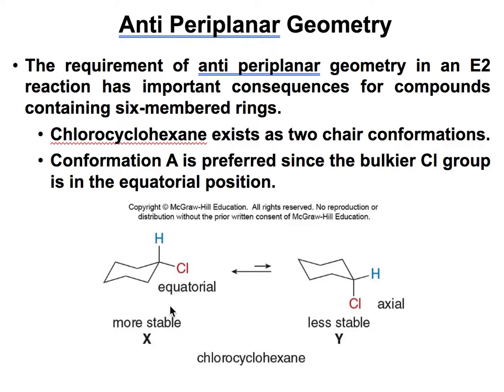However, it will not react in this case, it will react in this case. Why? Because in this case, we have a hydrogen right there that is anti-periplanar to the leaving group. That doesn't happen right here. So I know it's counterintuitive because you know that this is the most stable one, but this is not the one that reacts. This will be usually the one that reacts.